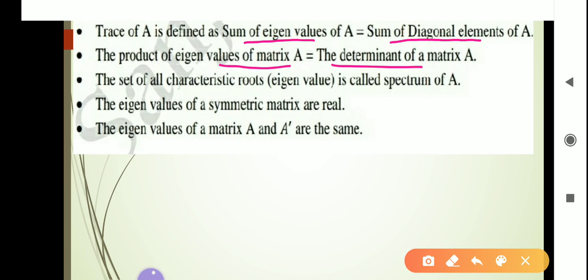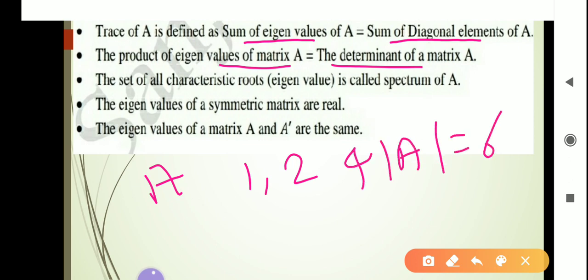Or sometimes, suppose two eigenvalues of a matrix A are given as 1 and 2, and the determinant of A is equal to, say, 6, then find the third eigenvalue. This is the question. Let the third eigenvalue be lambda. We know that the product of eigenvalues is equal to the determinant of the matrix.